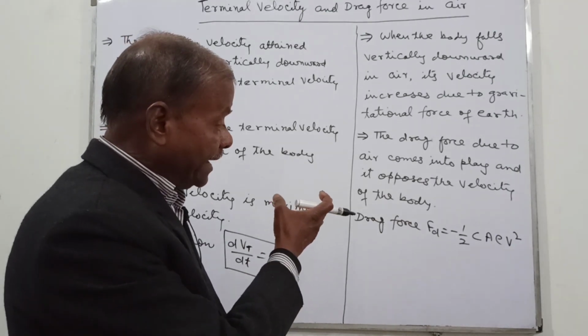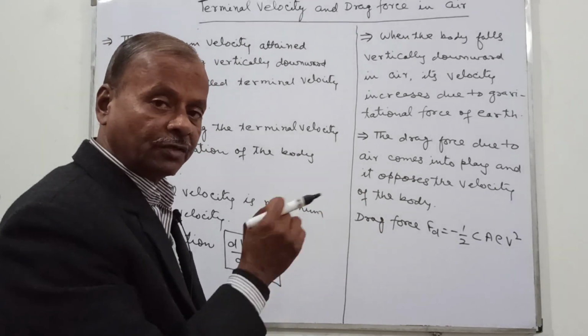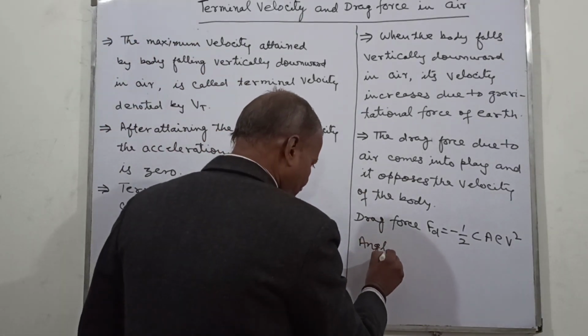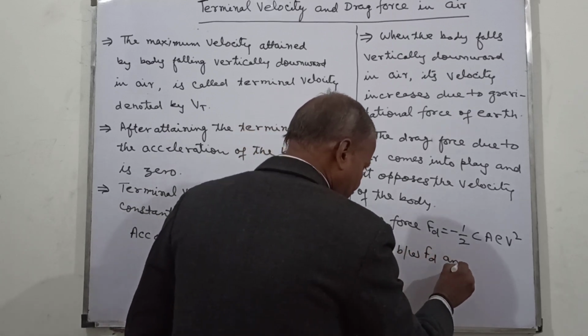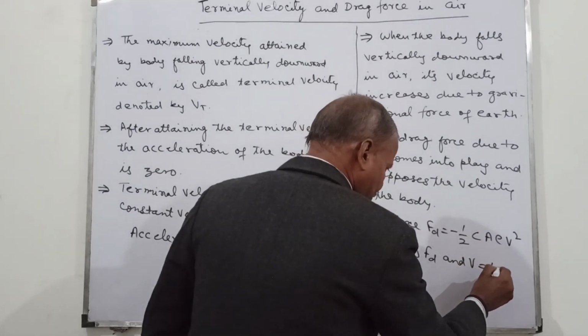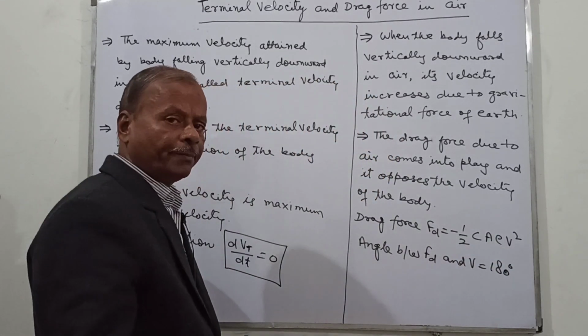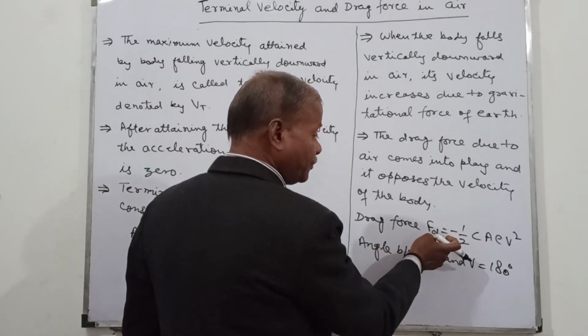So the angle between FD and V is equal to 180 degrees or pi radian. This minus sign shows that this is the opposing force.